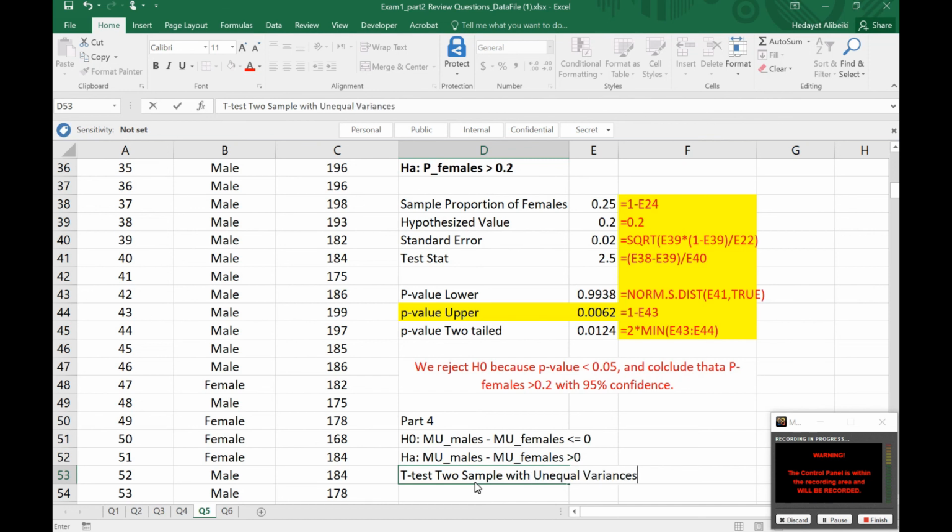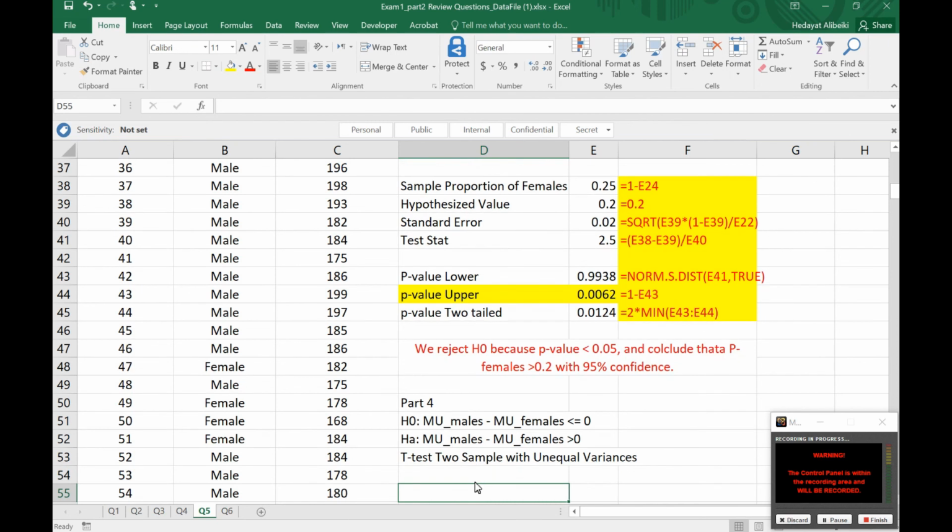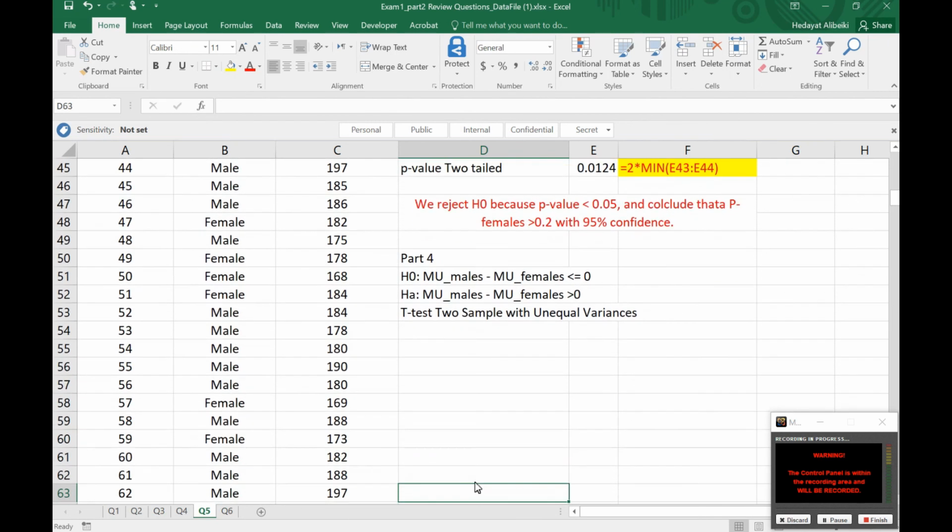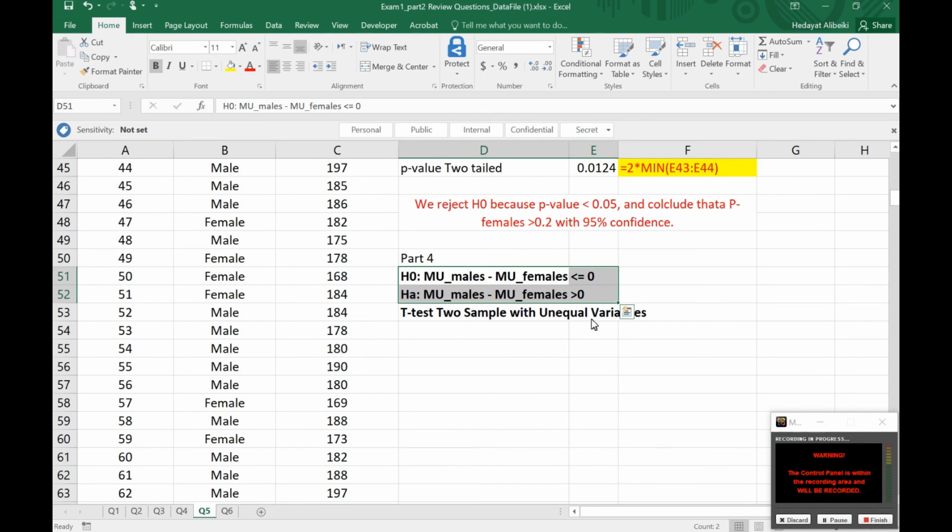The reason I'm using unequal variances is because I have only two options, equal or unequal variances, and unequal variances would be safer. When we use unequal variances, we're not imposing any assumption on variances.